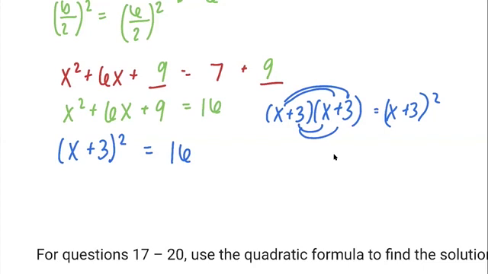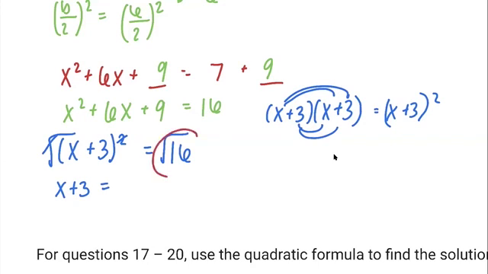All right, I've got to solve for x. So I have to take the square root of both sides. When I take the square root of the left side, all it does is cancel out that superscript 2. So I end up with x plus 3 equals. Now, this is what we worked on a lot.